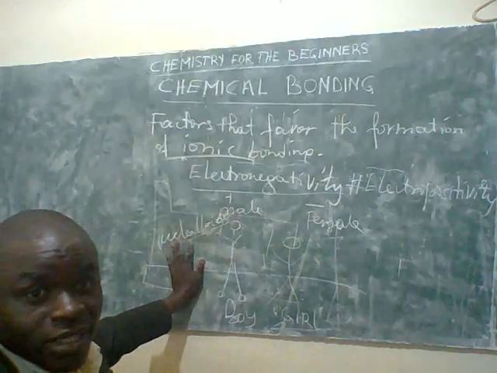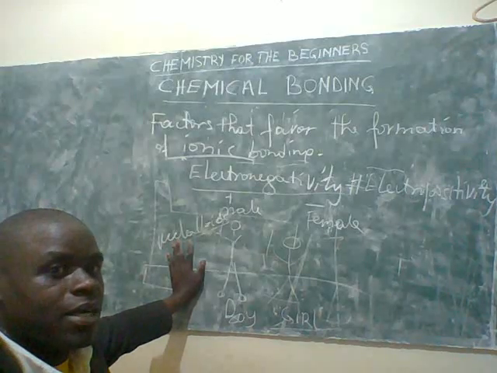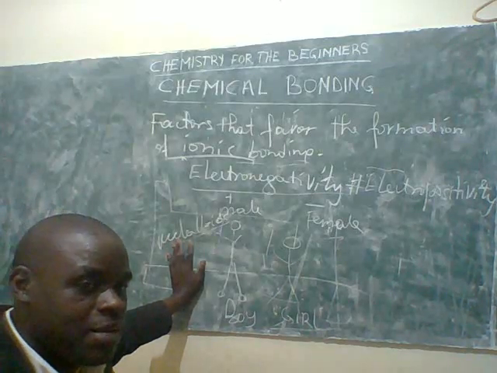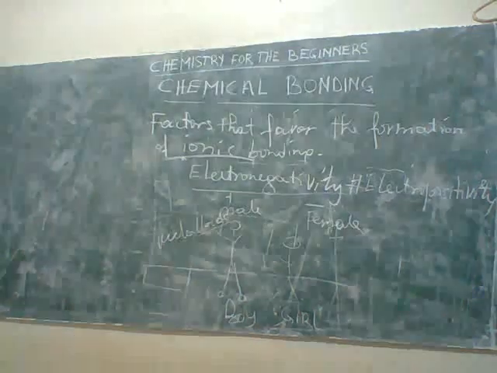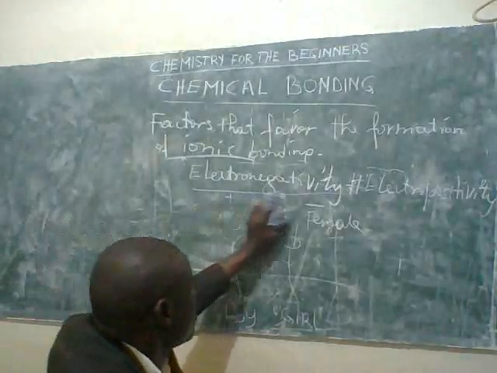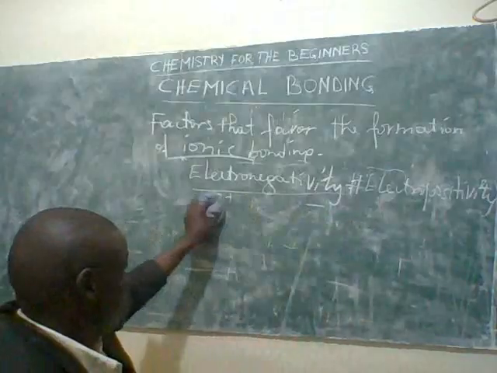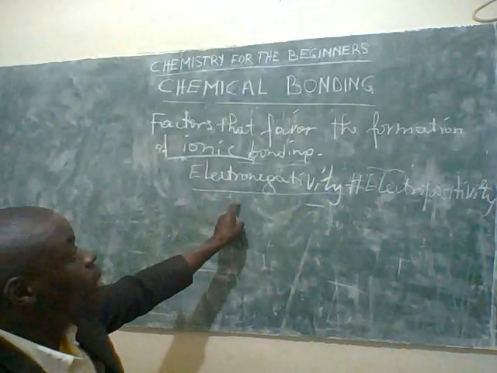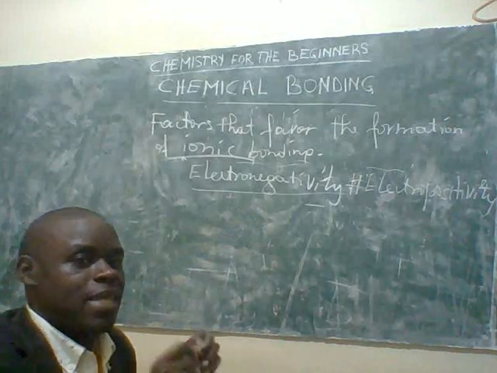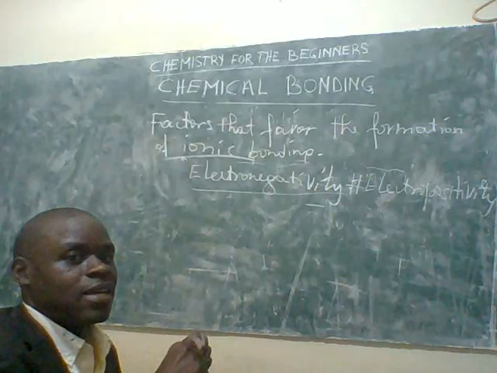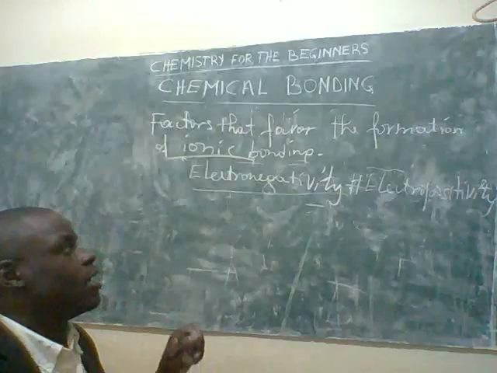Metalloids, on one side they are metals, and on the other side they behave as non-metals. That's an example. So when I'm telling you about electronegativity, it is like asking how negative an atom is, how many non-metallic properties an atom has. We calculate them.